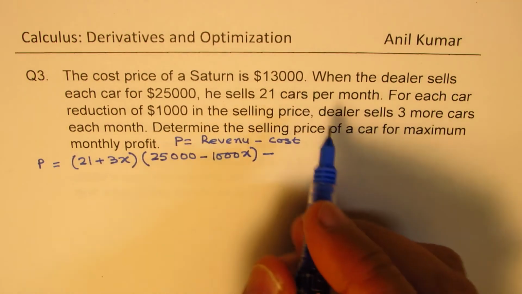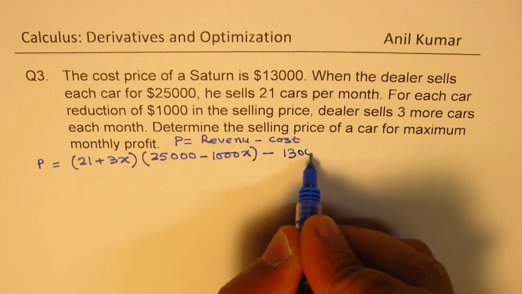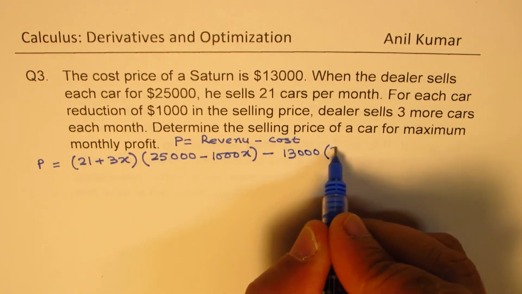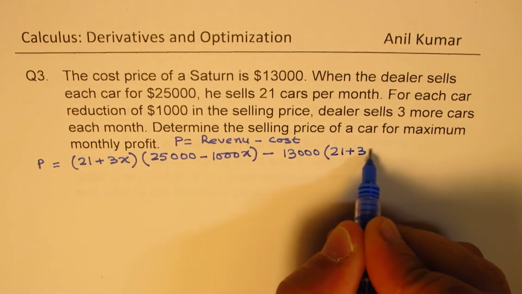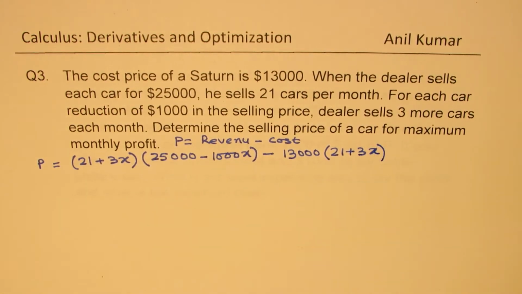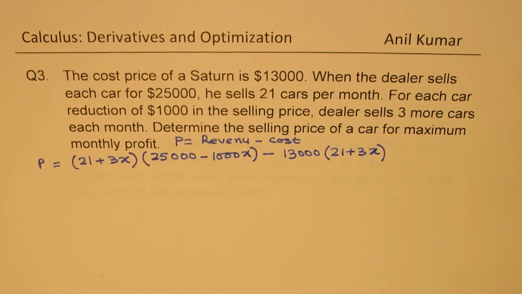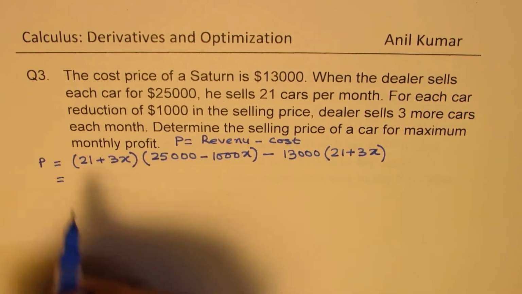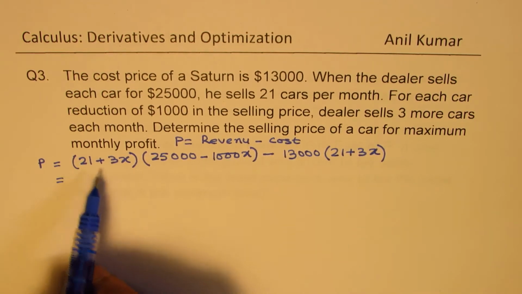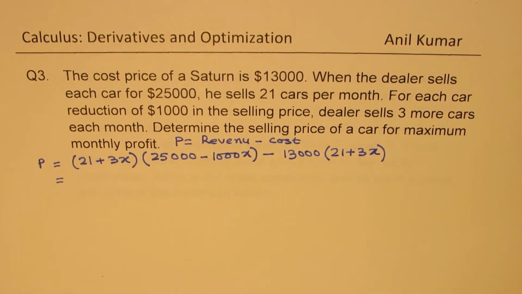So each is 13,000, so 13,000 times (21 plus 3x). So that becomes the profit function for us. Now we need to simplify this expression and find the derivative. So let's multiply. We should use a calculator for this question.